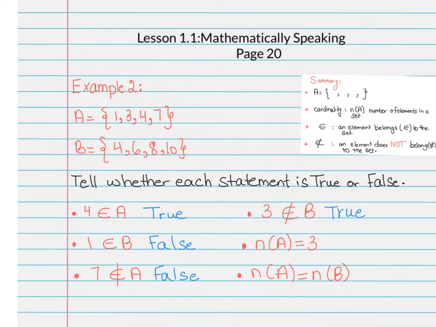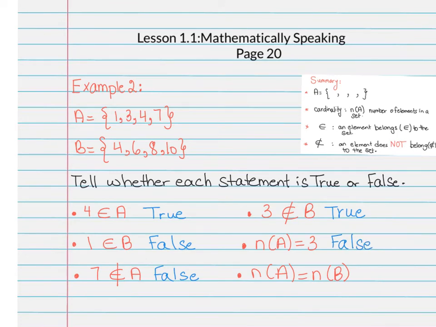Statement number 5 says the cardinality of A is 3. This means that there are only 3 elements in A. Let's count them. 1, 2, 3, 4. No. The cardinality of A is 4, so this is a false statement.